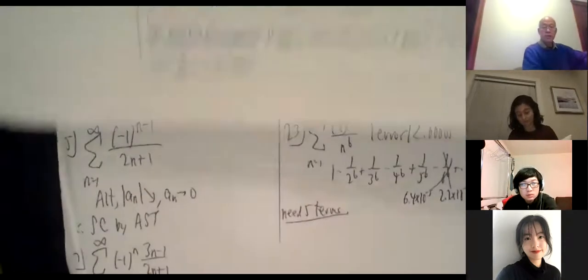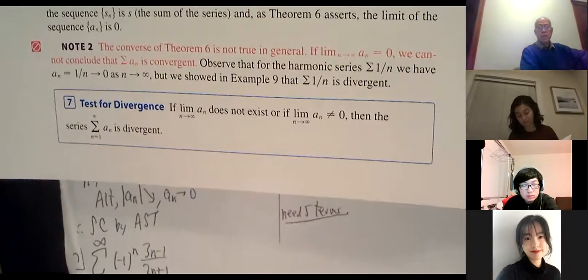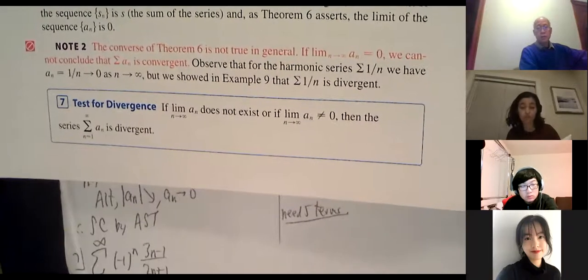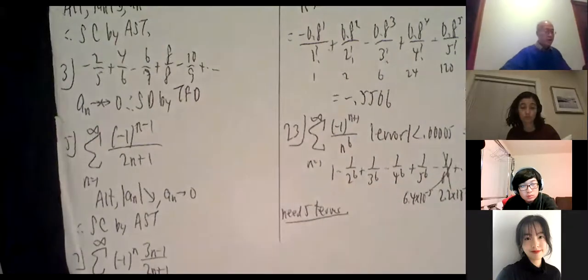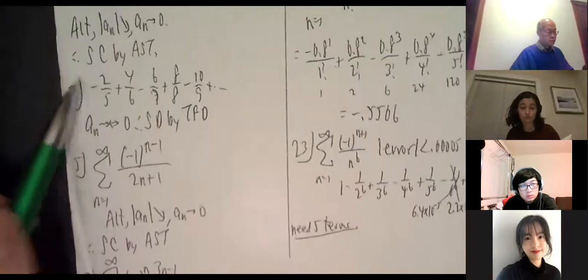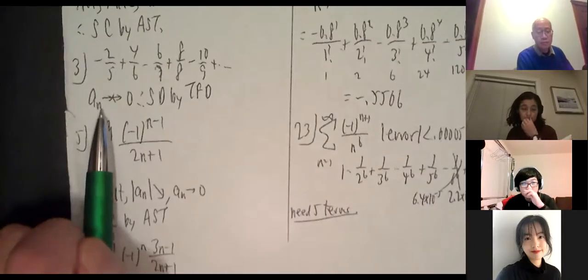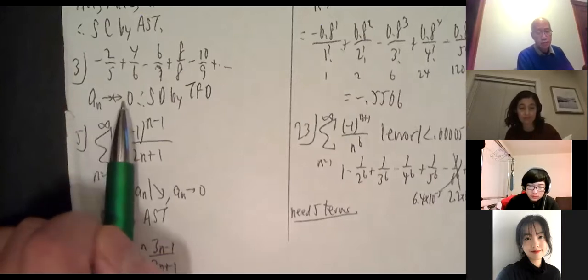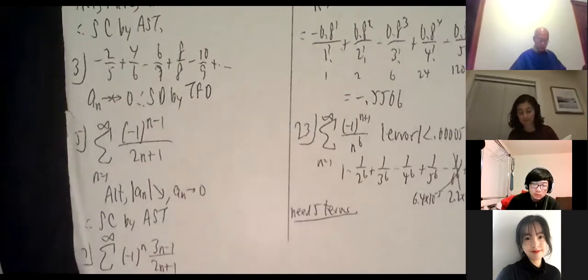I call it TFD. If the limit as n approaches infinity of a sub n does not exist, or the limit as n approaches infinity is not 0, the series is divergent. Another way of saying that is that a sub n does not approach 0, which includes doesn't approach anything, limit doesn't exist, but also the limit might exist, it's just not 0. So the series diverges by the test for divergence.